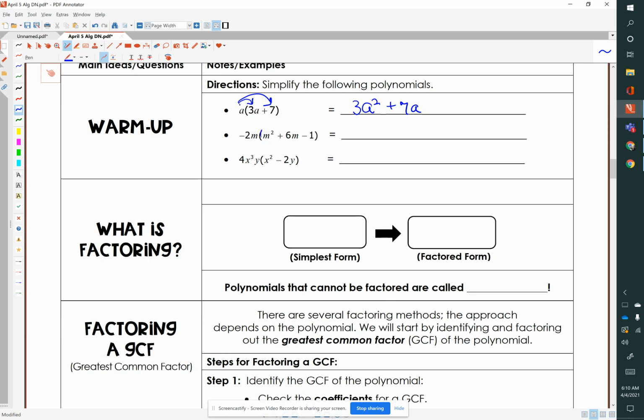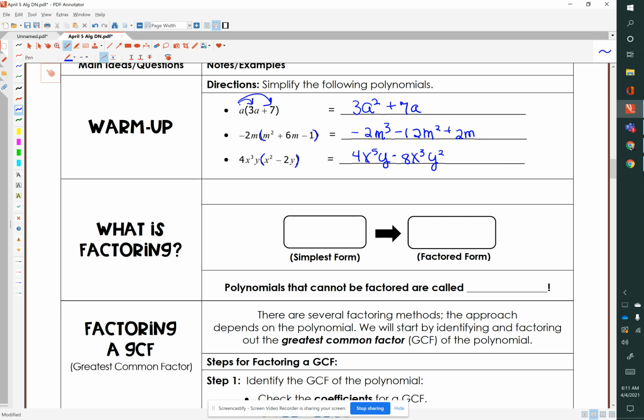Negative 2m times the quantity m squared plus 6m minus 1 becomes negative 2m to the 3rd power minus 12m squared plus 2m. And 4x to the 3rd power y multiplied by the quantity of x squared minus 2y becomes 4x to the 5th power y minus 8x to the 3rd power y squared.